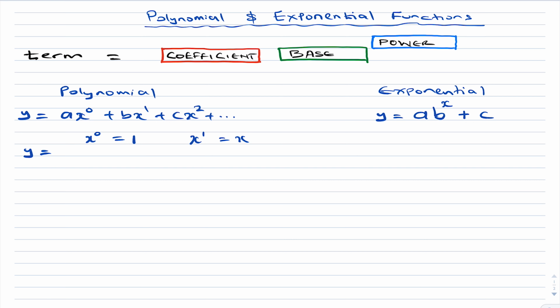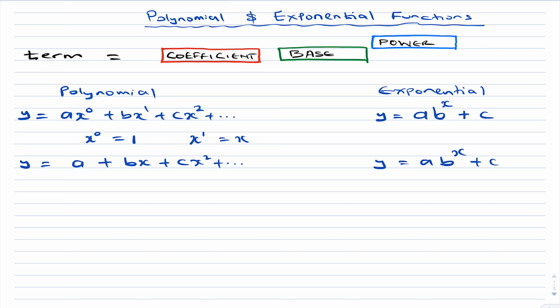So therefore, if I write the function again, it will be y equals a plus bx plus cx squared plus, and the exponential function will still be y equals ab to the power of x plus c. Right, so now let's put this into a proper expression.